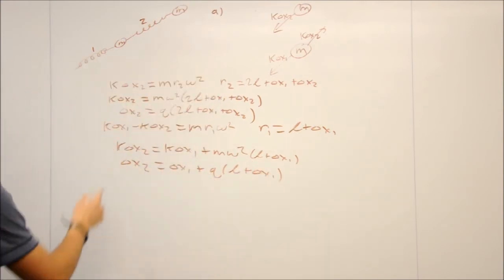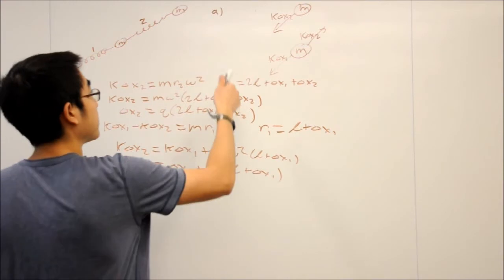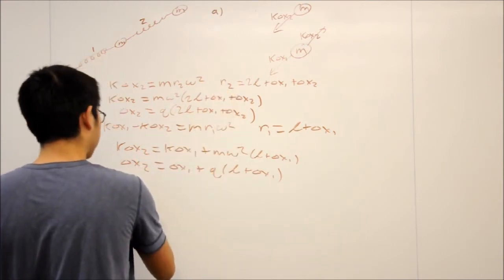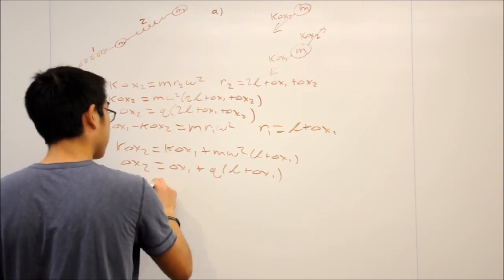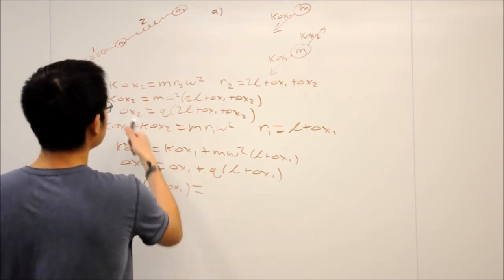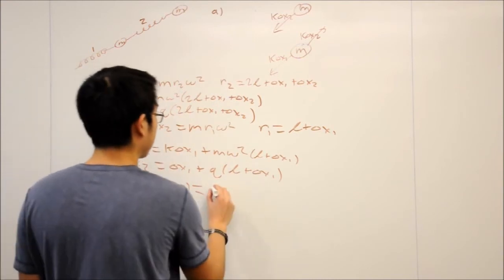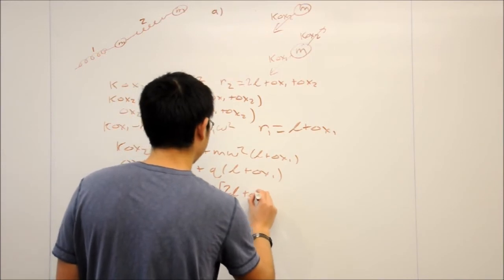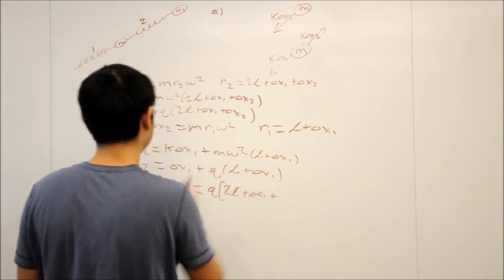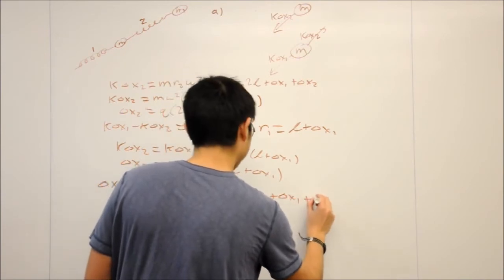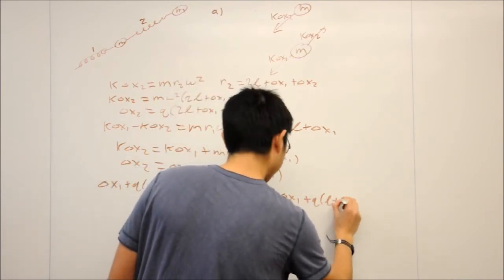Now, substituting in delta x2 into the first equation, we get that delta x1 plus q times L plus delta x1 is equal to, from this equation, q times 2L plus delta x1 plus delta x2, which is delta x1 plus q times L plus delta x1.